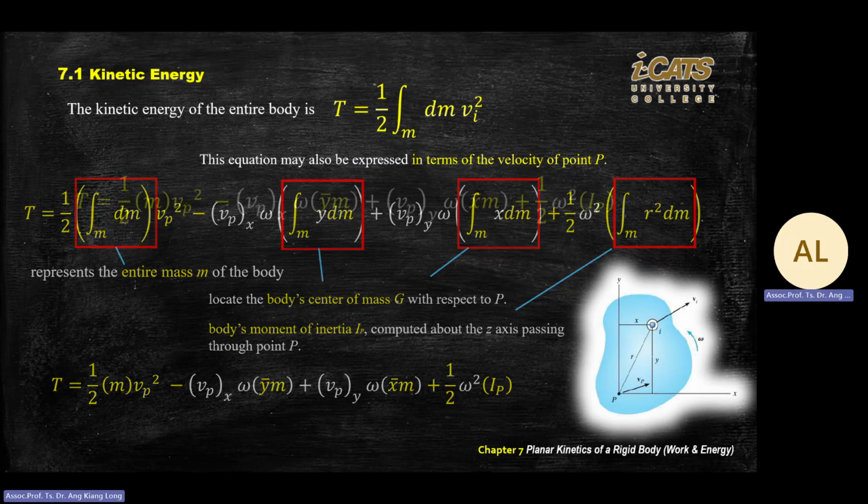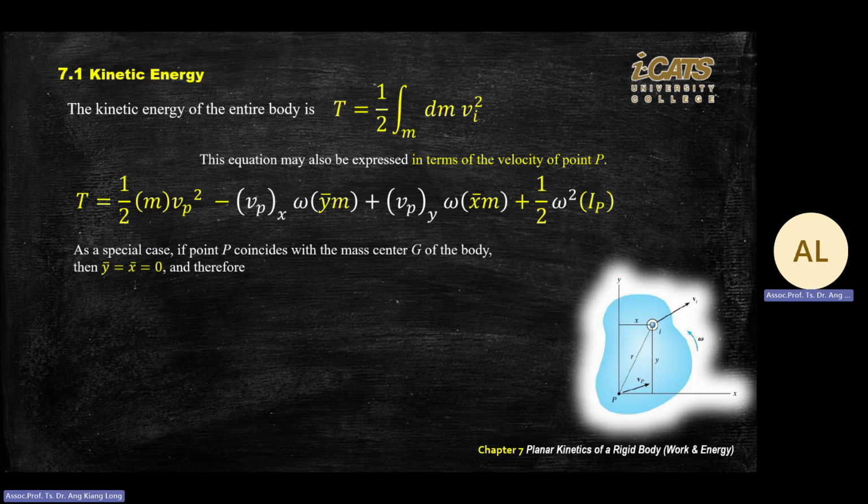Okay, right. If you have this kinetic energy equation, in a special case, if your reference point P and the center of gravity are on the same spot, that is, if your point O or P is on the center of mass G, your x bar and y bar equal 0.